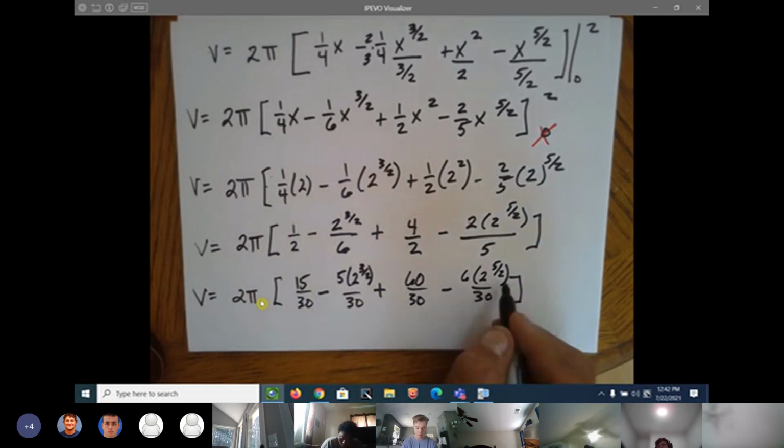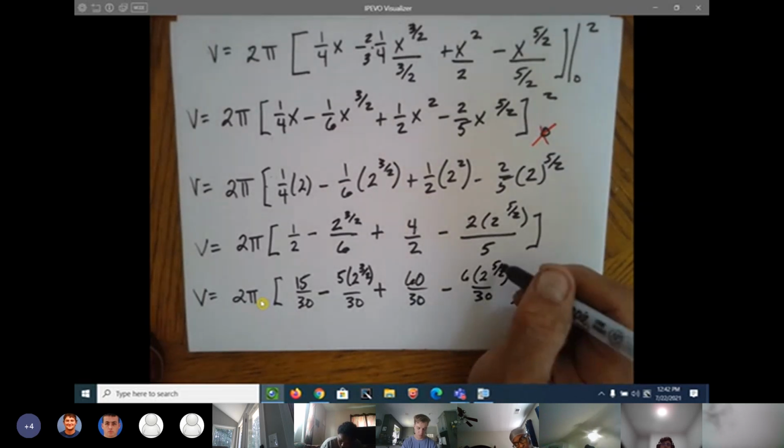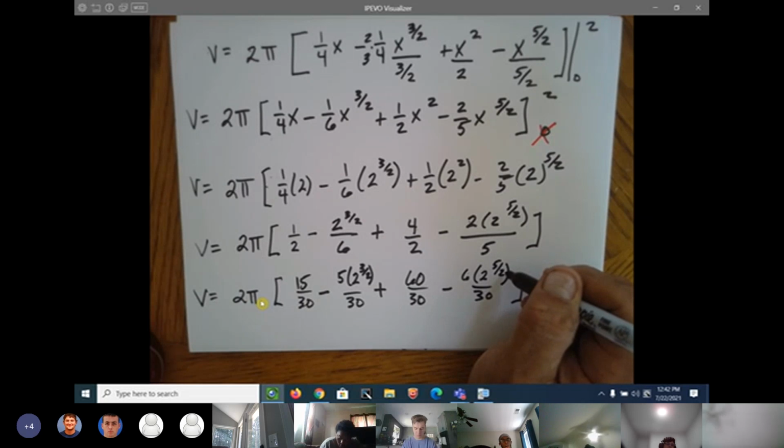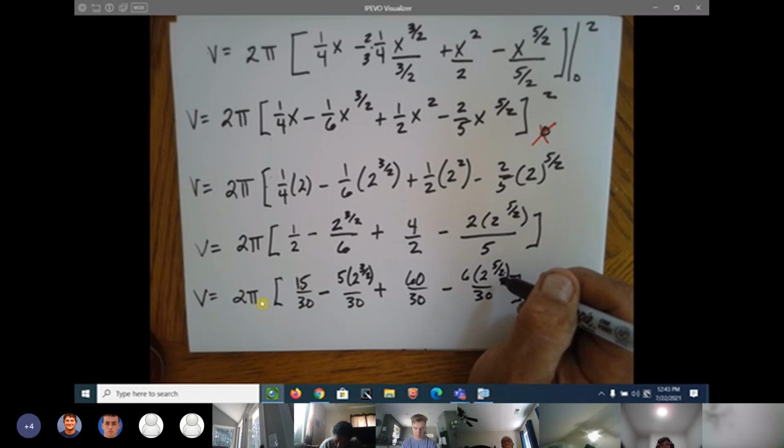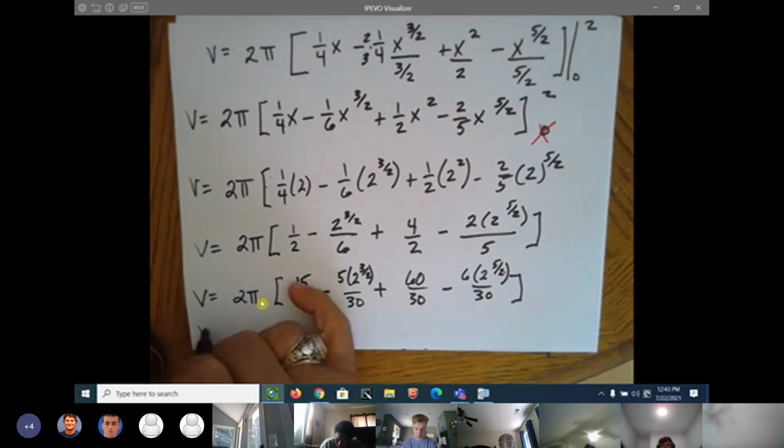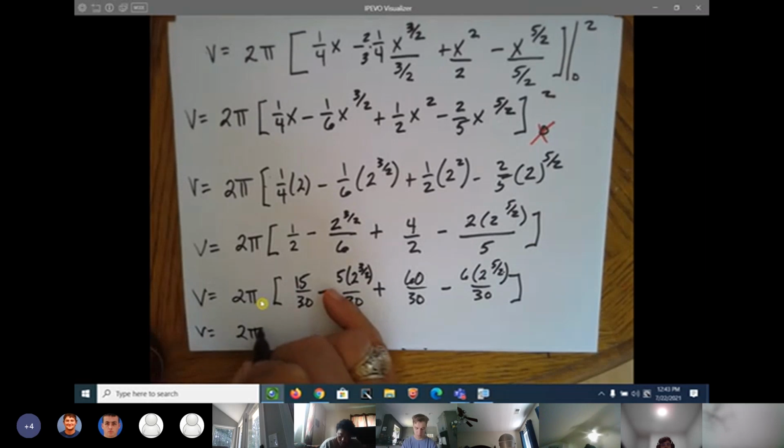And those are messing me up. I don't know why. The 5th root, let's see, that's exponent over index. So that's square root of 2. Well, that's 1.41 raised to the 5th power. Yuck. V is equal to 2 pi.